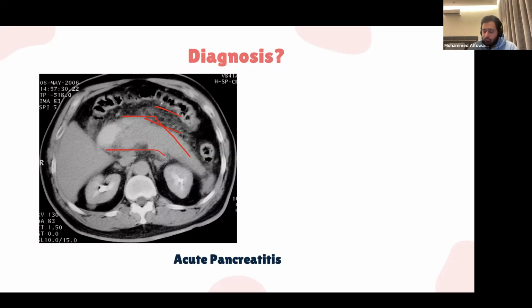Now, complications. What is the most common complication of acute pancreatitis? This is very important. Pseudocyst. Most common complication is pseudocyst. All the other complications you might mention, which is chronic pancreatitis, shock, and so on, are true.